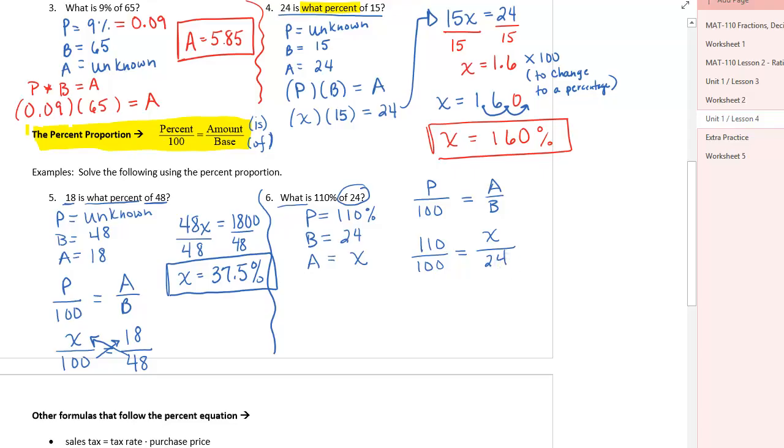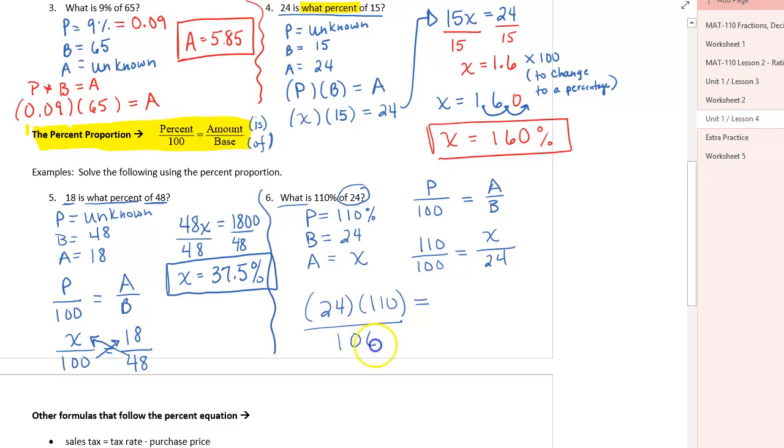If we use the non-algebraic way to solve the percent proportion, I'm going to multiply the two numbers across from each other. So that's 24 times 110, and we're going to multiply the numbers across from each other and divide by the number across from x.